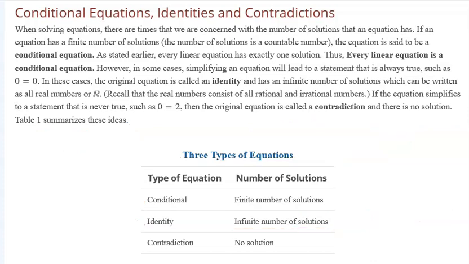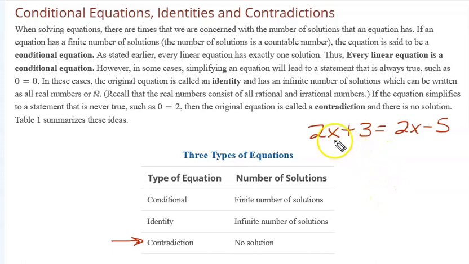All right, now let's do the third one, which is called a contradiction. Now in a contradiction, it looks like an equation, but actually there are no solutions. So what would be an example of that? Well, again, write this down. 2x plus 3 equals 2x minus 5.